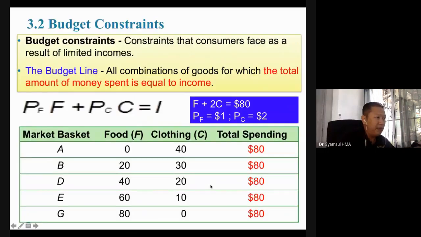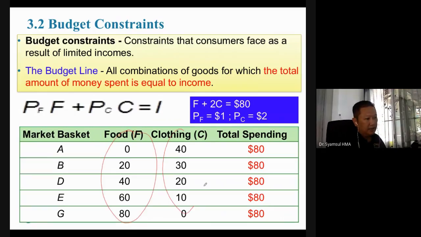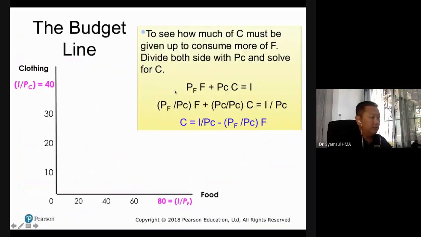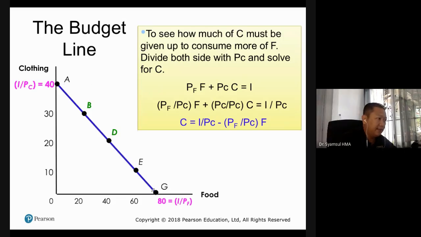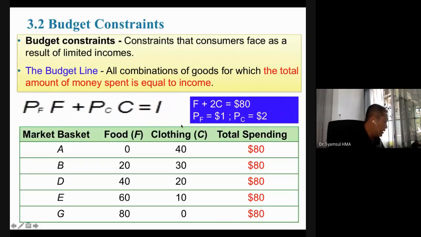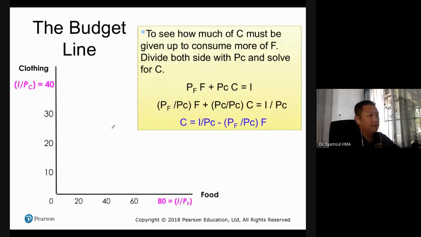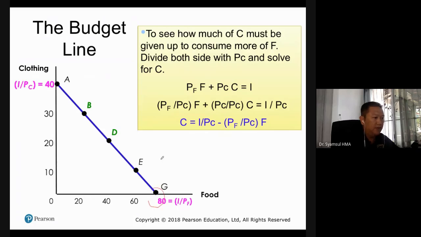By using this function, putting these values into this function, you will have all these dotted points, and when you connect them, you have this straight line, where you have 40 and 80 here. 40 is when you spend all your money on clothes, and 80 when you spend all your income on food. All on food, all on clothes.